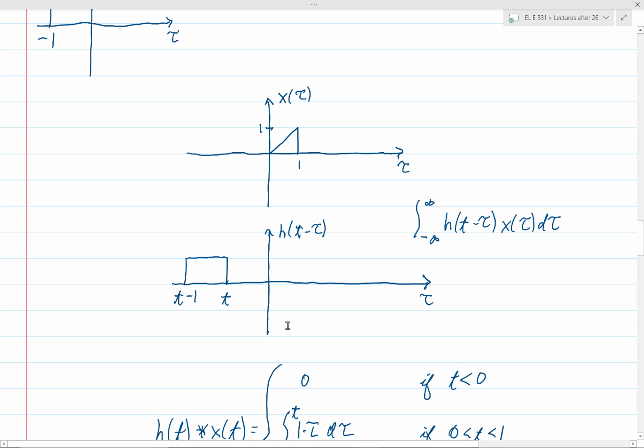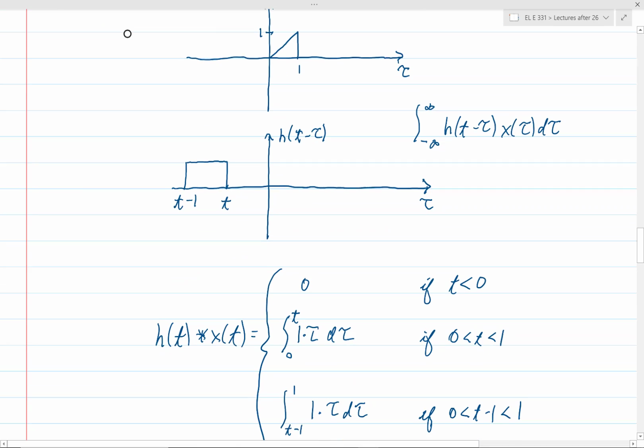It doesn't really matter too much which is top and which is bottom, although I prefer to put on the bottom the one that is going to be moving as we change t. So in this case, that's h. And remember again, this is the integral that we want to look at. So now we're ready to evaluate this integral.